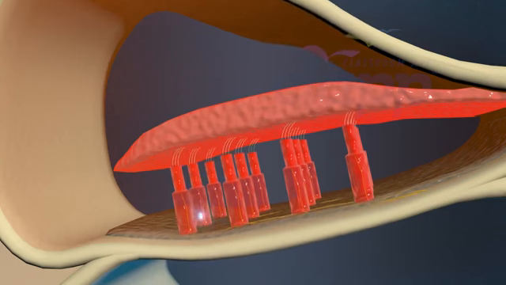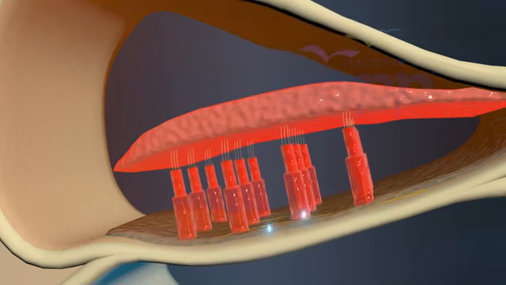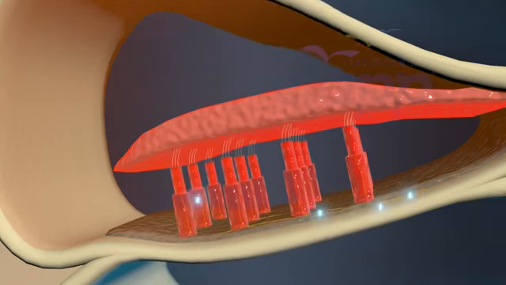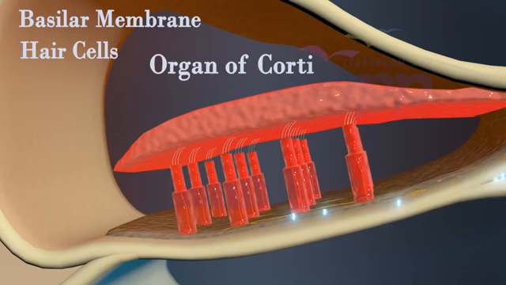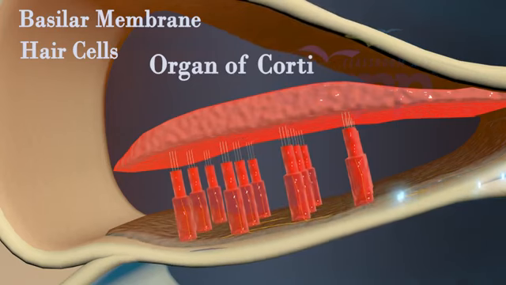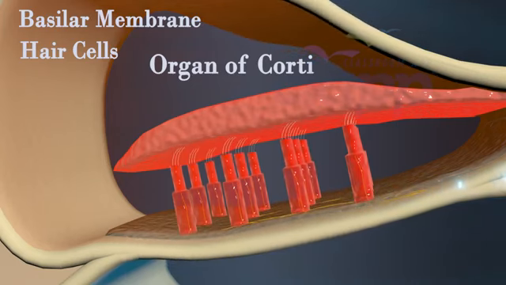These hair cells are responsible for transducing sound vibrations into electrical signals. The basilar membrane and the hair cells are together known as the organ of Corti.